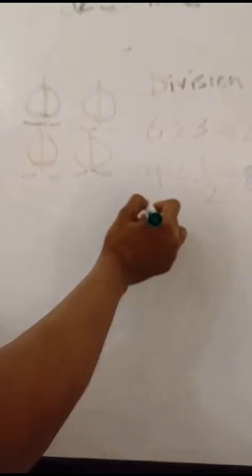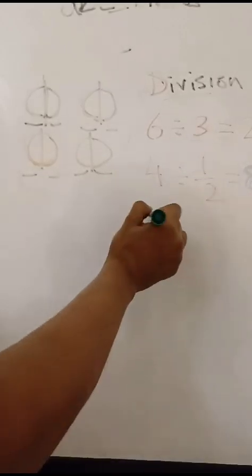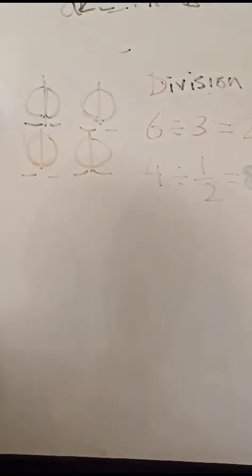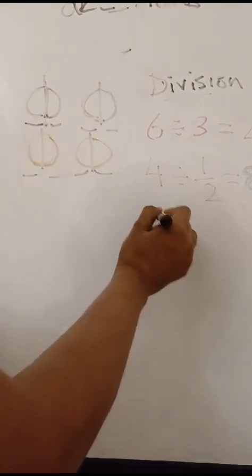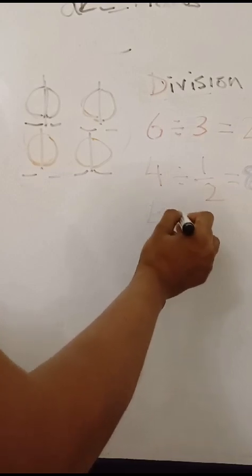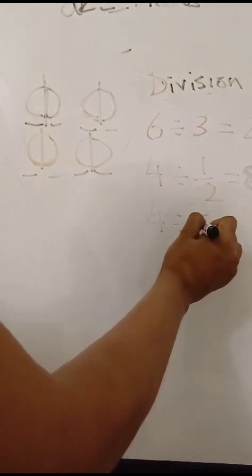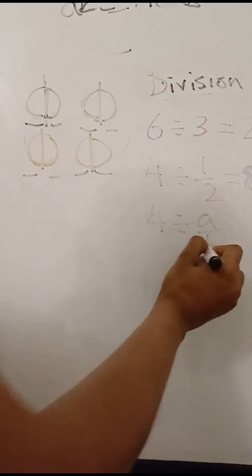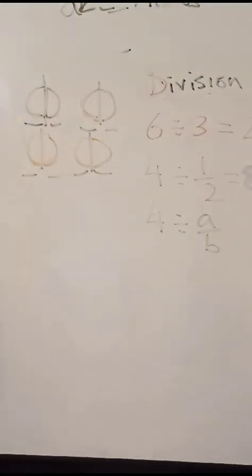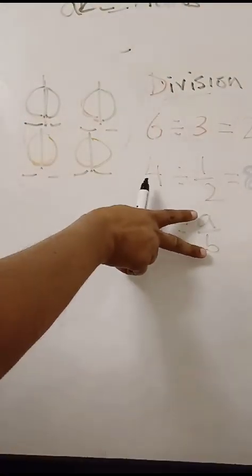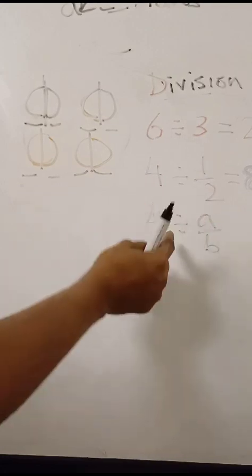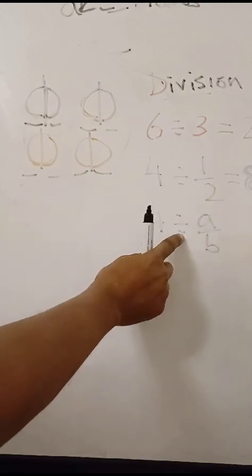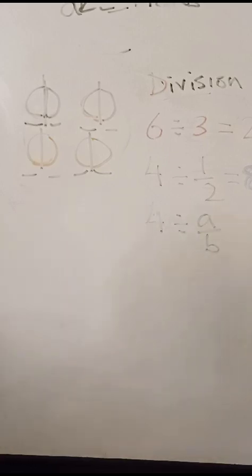The rule here: if you want to divide a number, for example 4, by a fraction, that's a over b, all we do here is flip the a and b and change the division sign into multiplication.